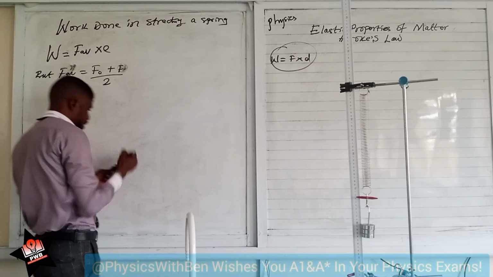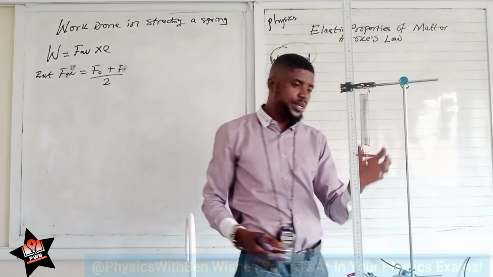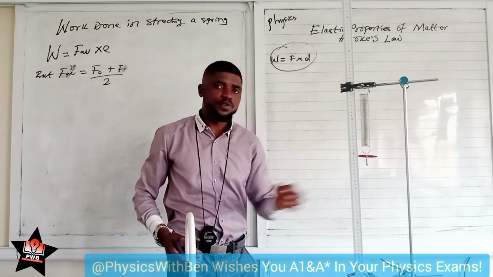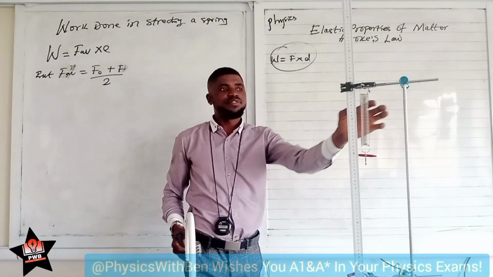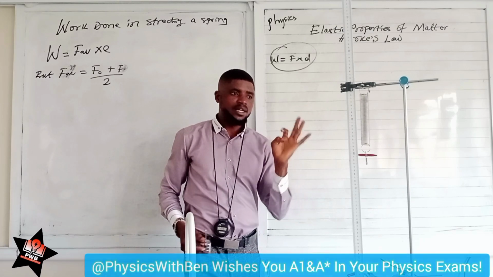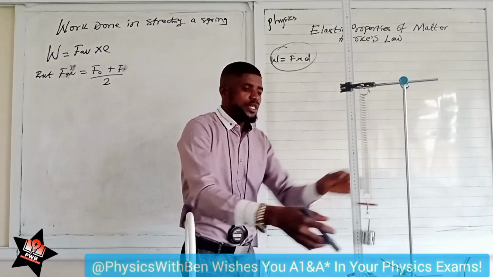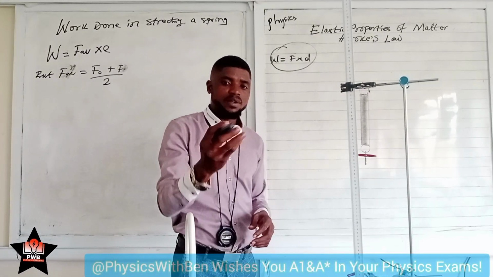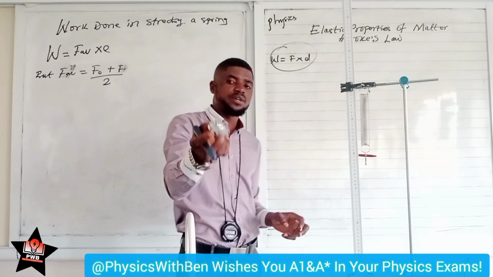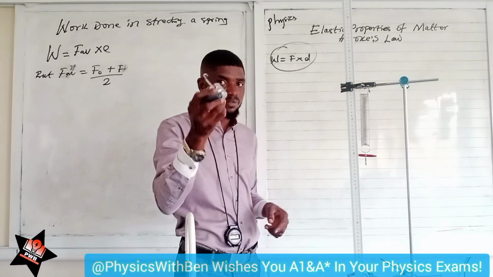What do we mean by that? If you observe this spring very well, at this point no force is attached to the spring, so the force is 0. What you have here is just the mass of the spring. By the time you attach a force, in this case these are masses, but we can convert them to forces by dividing 300 grams by 1000 to get kilograms, times 10, which gives you the force.